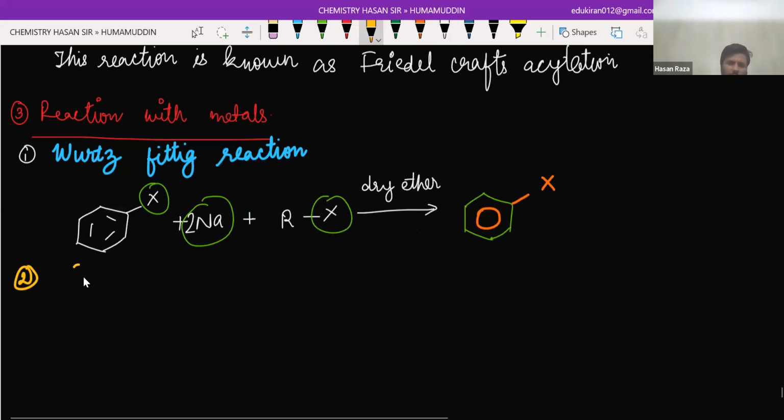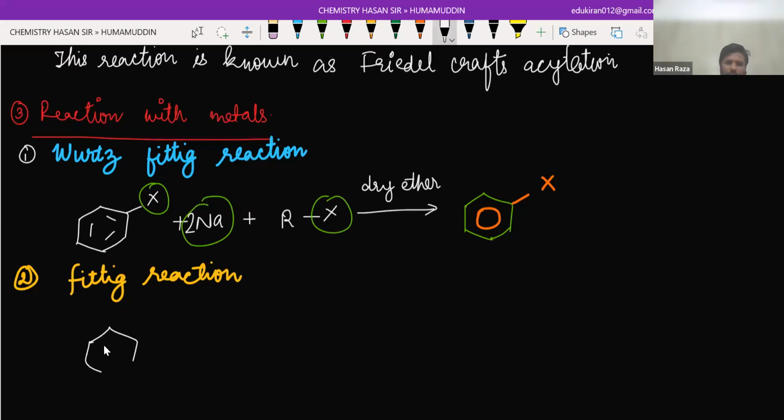If you are going for the Fittig reaction, it is very easy. In the Fittig reaction, we take only haloarene. So you can see this is your X and this is your 2Na.